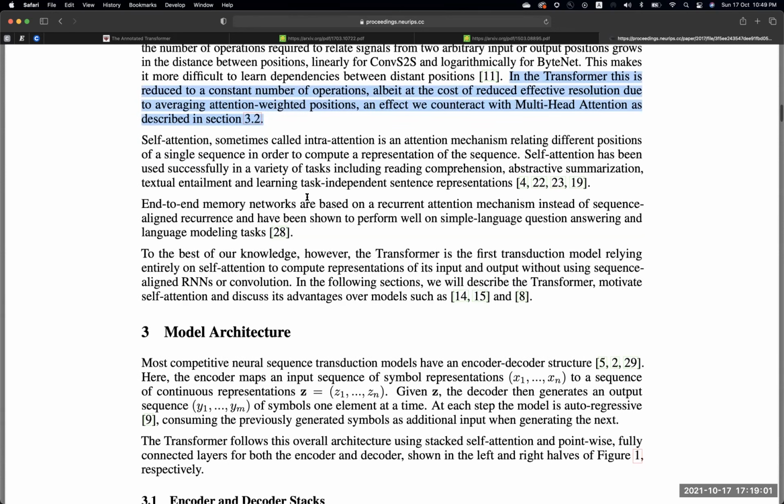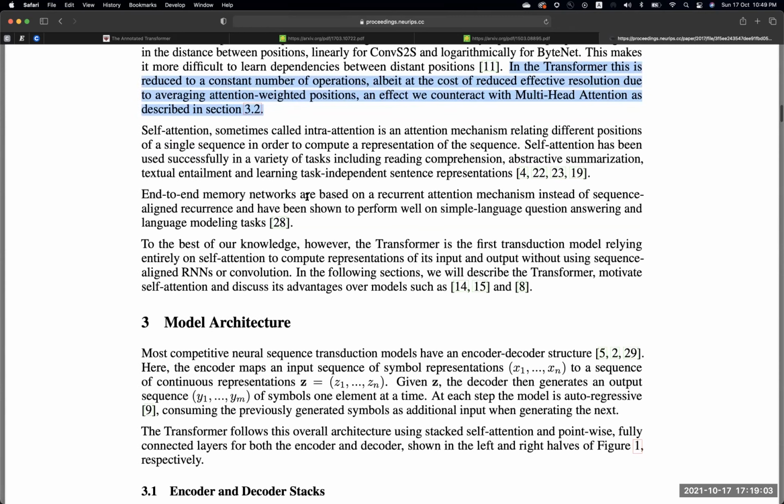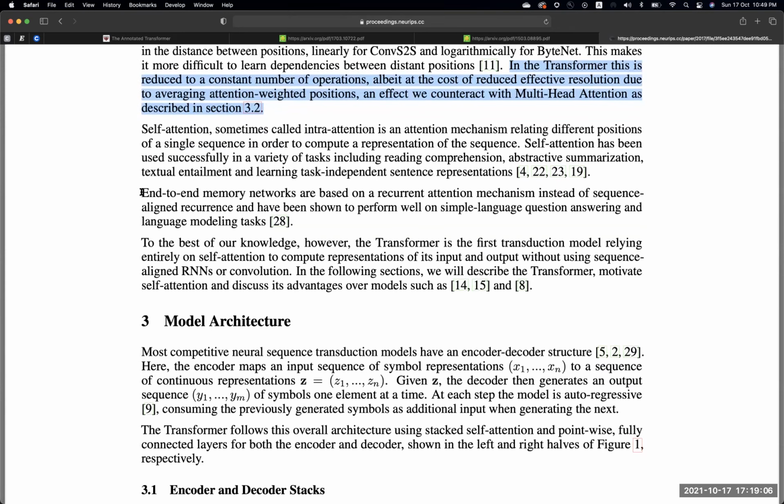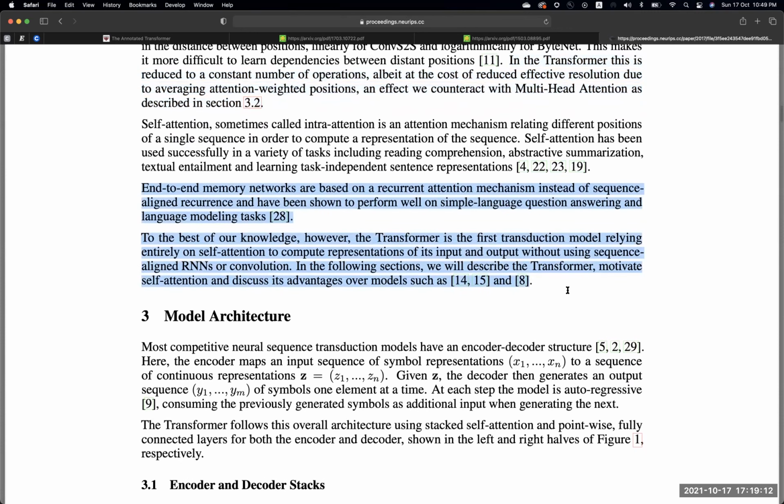Apart from this, there are two architectures mentioned here. They are very esoteric, but I would briefly mention that there are two terms in that, which are recurrent attention mechanisms and sequence-aligned RNNs. Recurrent attention mechanisms are something related to attention.